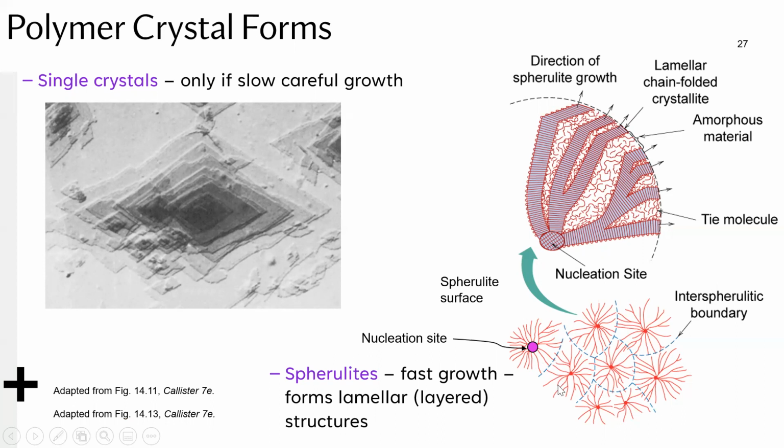And then once they reach the boundaries of another nucleation site, it actually forms its own grain structure. So what's happening here is that you initially form a lot of these nuclei, and then each of these grow out and branch into these crystalline structures.